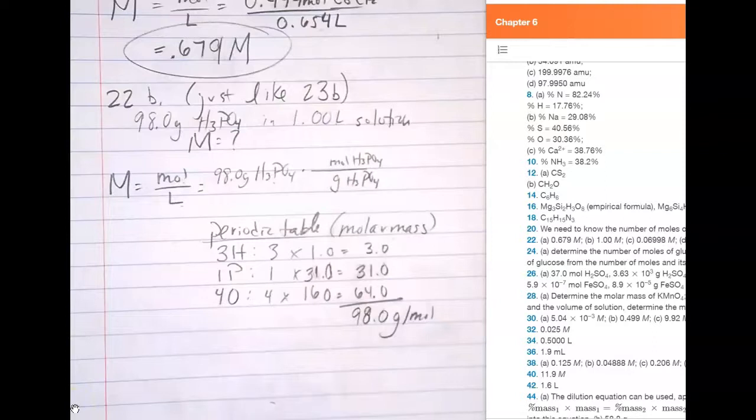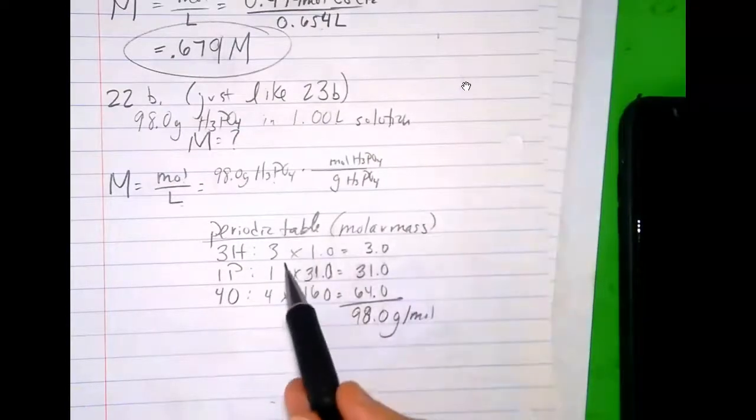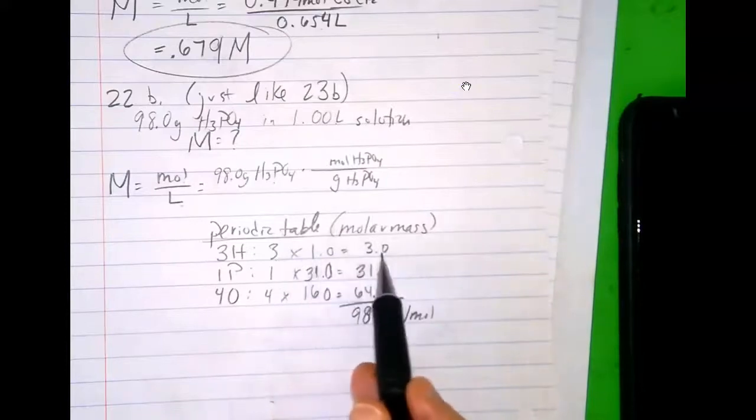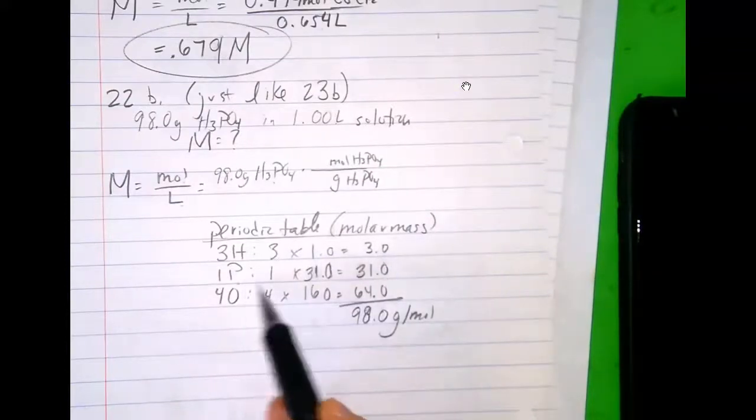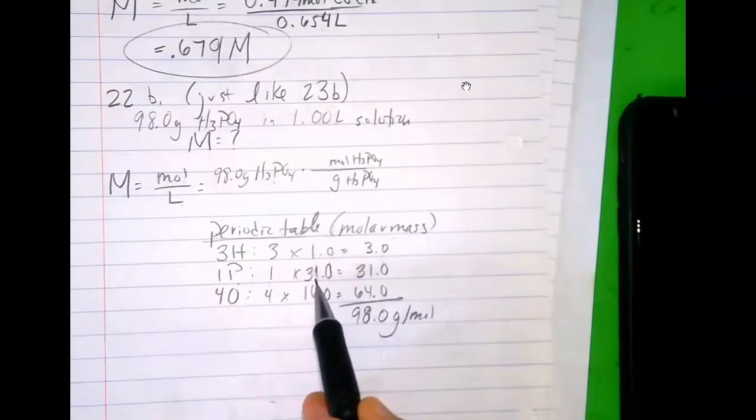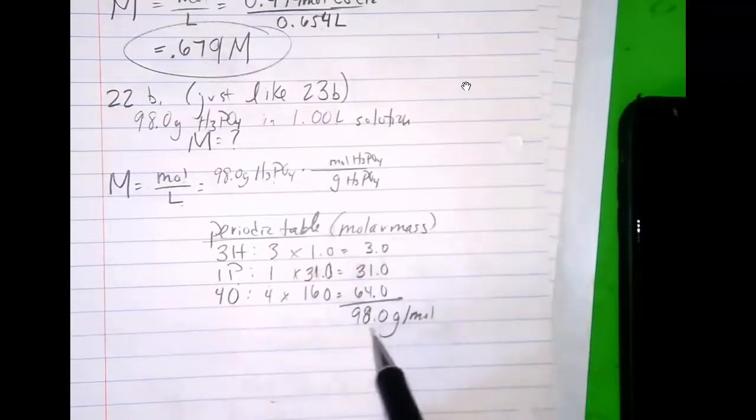My periodic table gives me the molar mass. I have 3 hydrogens times 1 gram per mole, 1 phosphorus times 31 grams per mole, and 4 oxygens times 16 grams per mole. I add them all together and I get 98 grams per mole.